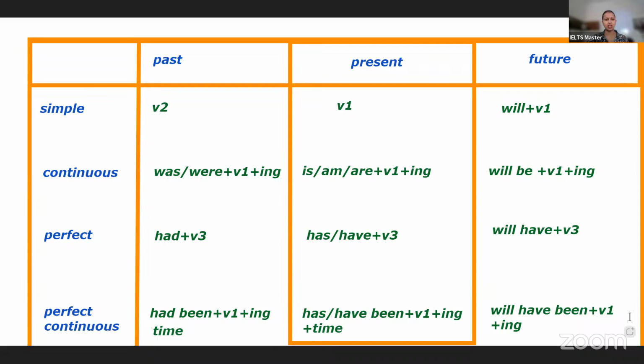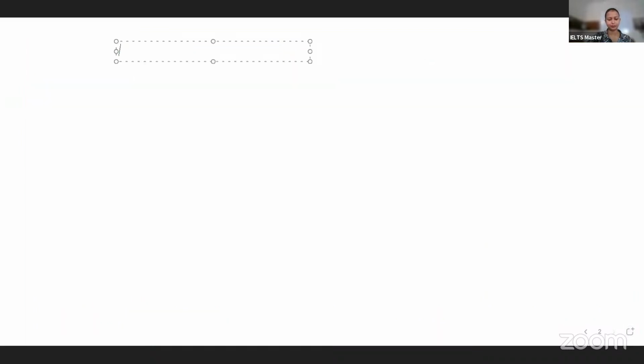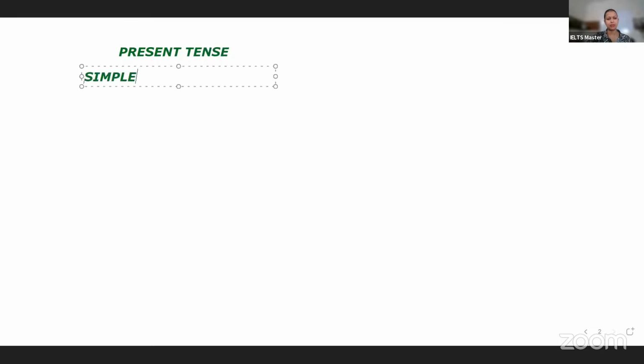So this is a basic chart. If I take the very first one, that is for present tense, we will be taking the very first as simple present. When do we use simple present?